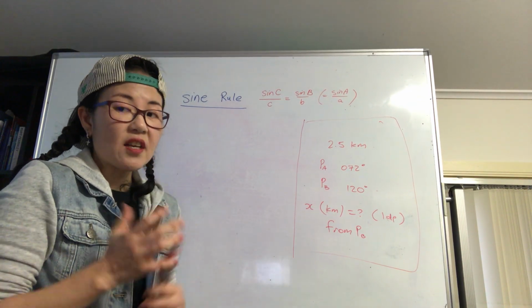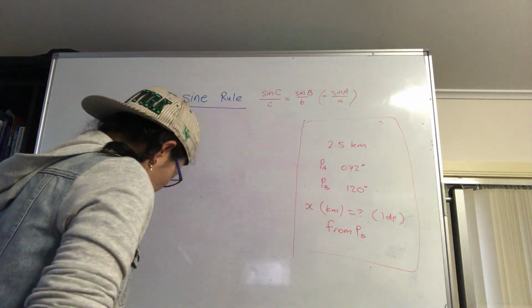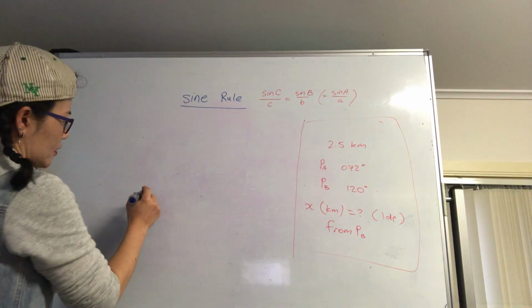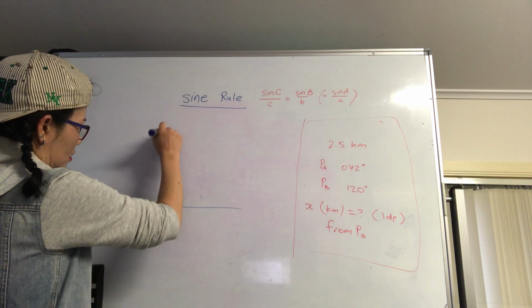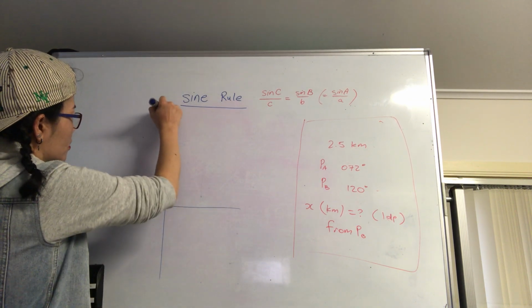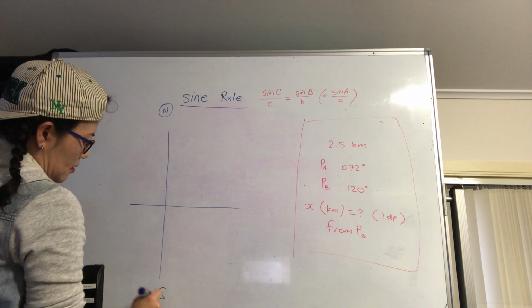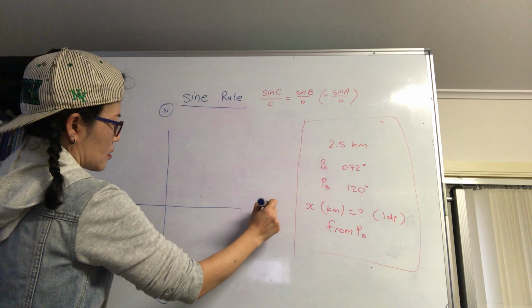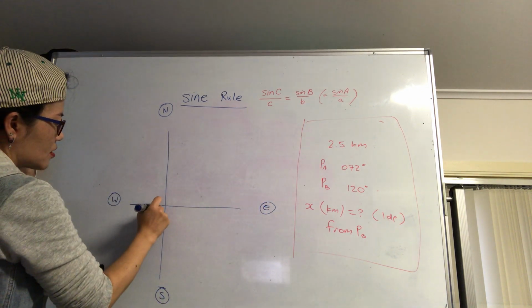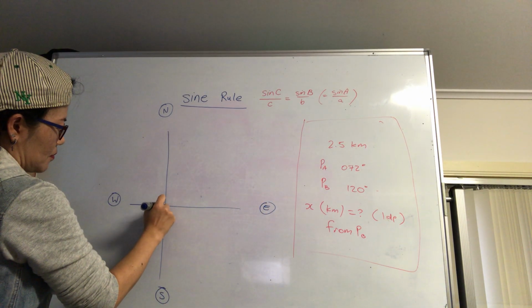How are we going to solve it? I need to draw. I need to sketch something. So here we go. Bearings. Okay, so true north. That's north, that's south, west, and east. Okay, so person A. I'm going to put A here.